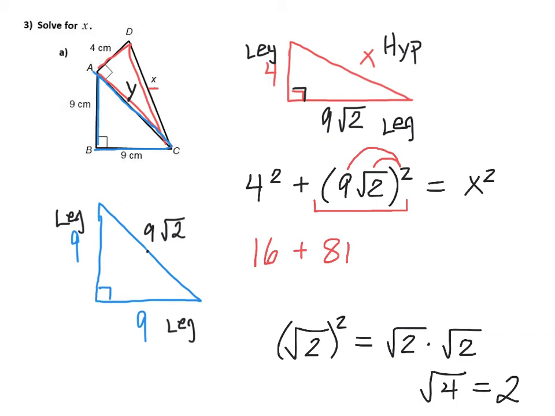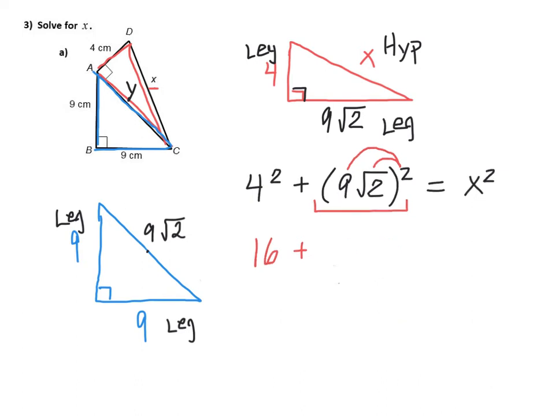So what I'm going to fill in here is 81 times 2. Then when I actually multiply that together, I'm going to end up with 162 equals x squared. So I'll add these two terms up. It looks like I end up with 178 equals x squared.